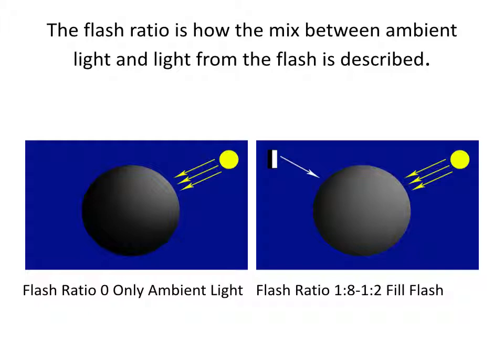The next picture shows a mixture of ambient light and flash, but the ambient light is predominant. So you get a flash ratio of anywhere between 1:8 and 1:2. This is commonly referred to as fill flash.